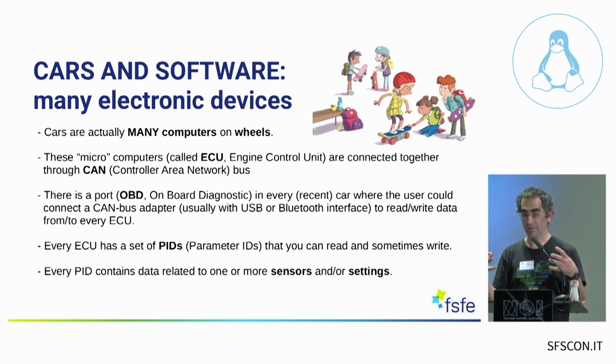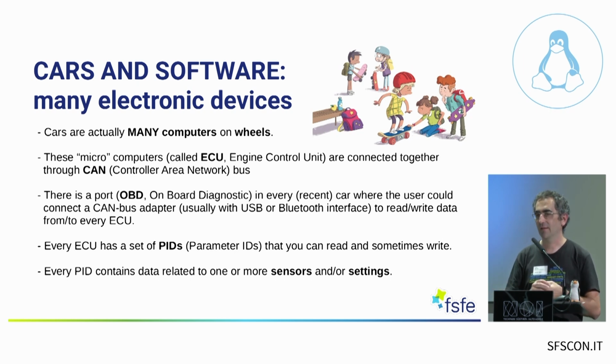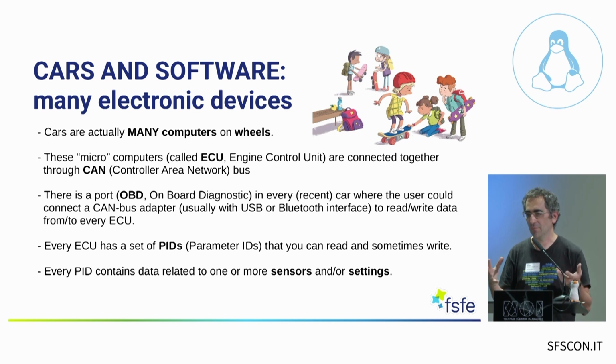And every one of these electronic devices has a set of parameters. For example, for an electric car, the temperature of the battery, the status, the charge, or for example, from a normal engine car, it could be the consumption, the statistics.